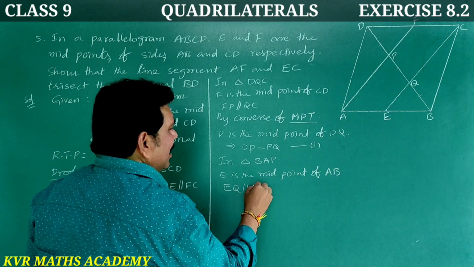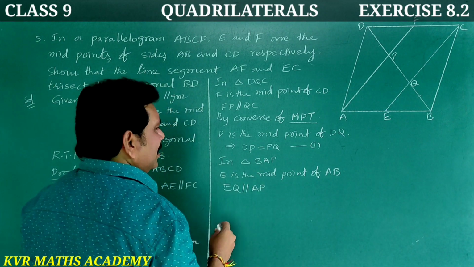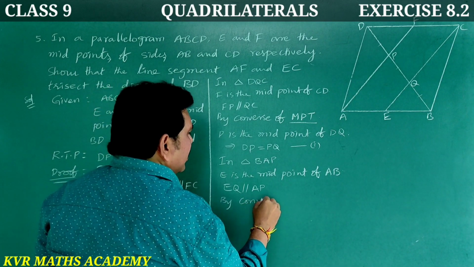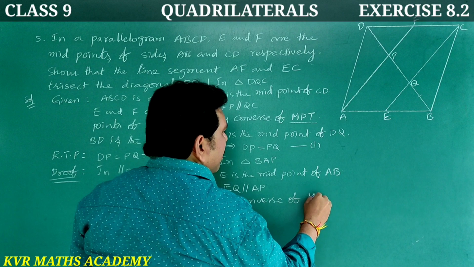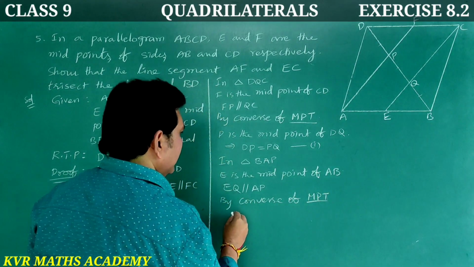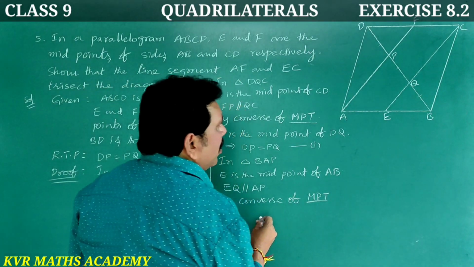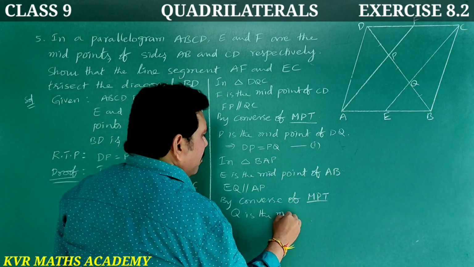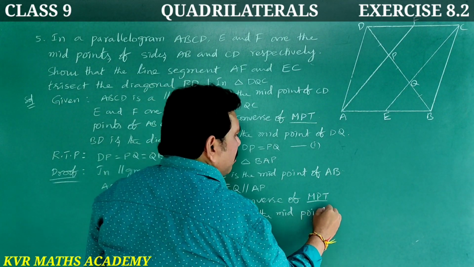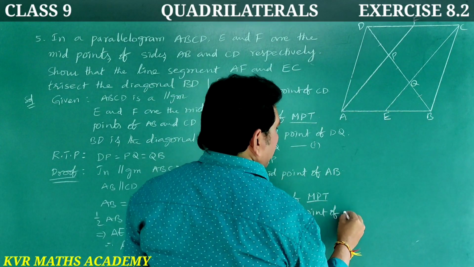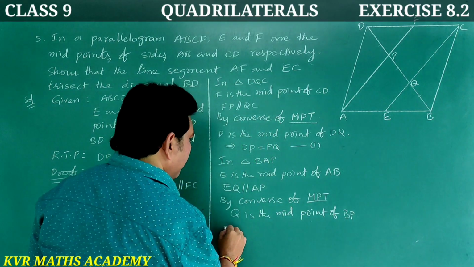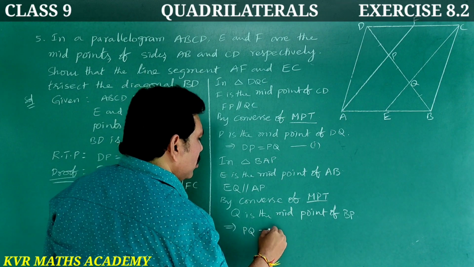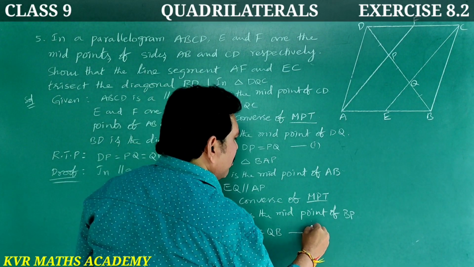So by converse of midpoint theorem, Q is the midpoint of BP. That implies PQ is equal to QB. This is equation number 2.